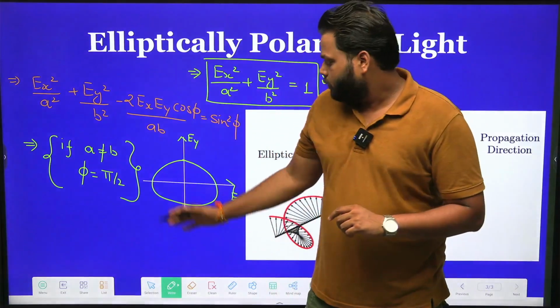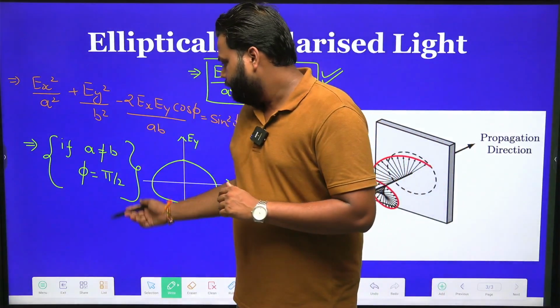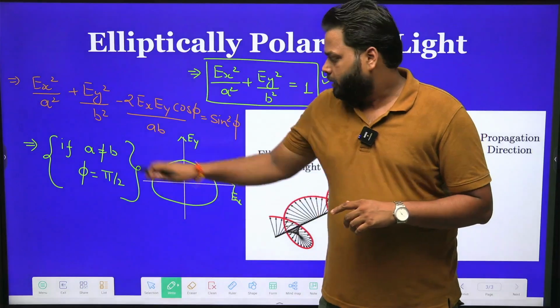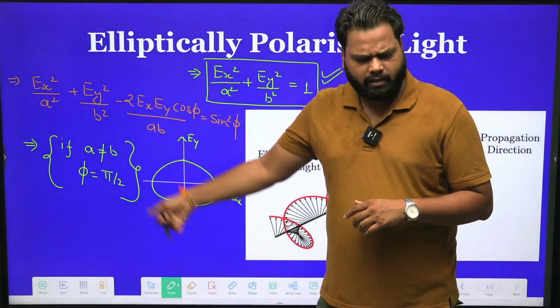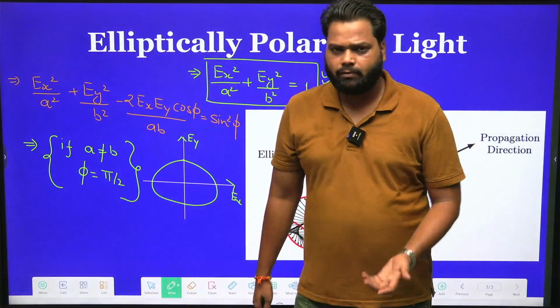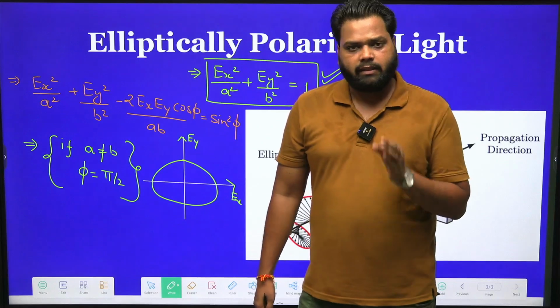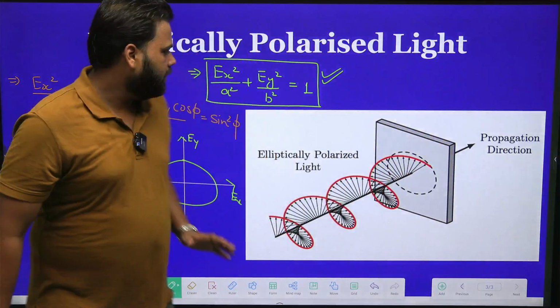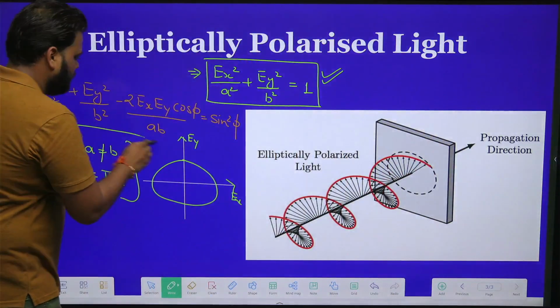So if you take phi equal to pi by 4 and the amplitudes are not equal, or any random angle, not only pi by 4, pi by 3, pi by 6, whatever, you will still get elliptically polarized light. So the main funda is this general equation.